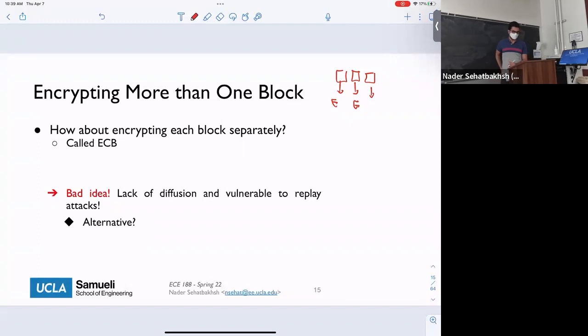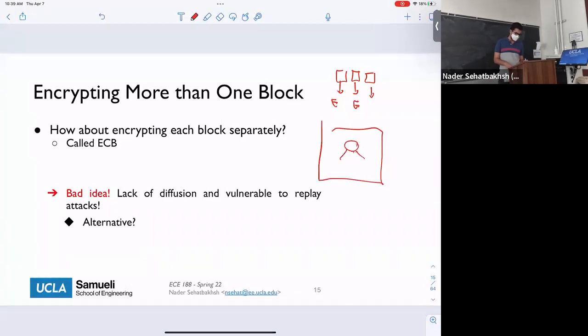The reason it's a very bad idea is that if there is some sort of bias in your message, you're going to see that same bias in your encryption. If you search for ECB, there's a very famous picture of a panda.